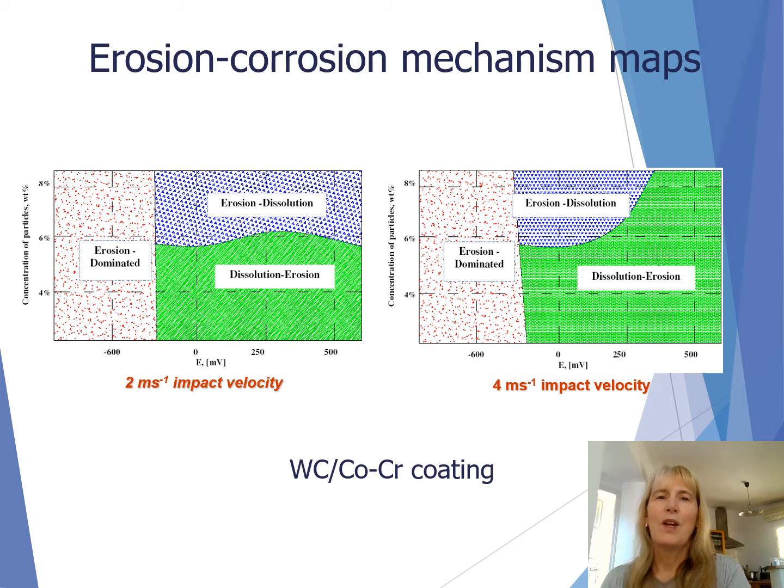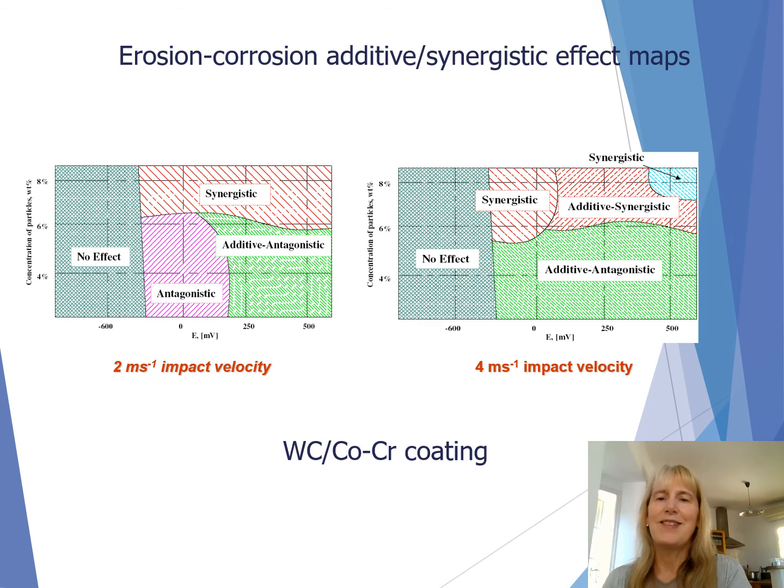Okay. Now, Tariq developed these maps. This is 2 meters per second to 4 meters per second. At 4 meters per second, we have higher oxygen concentration onto the surface, and we get greater dissolution on the surface by comparison to the lower velocities.